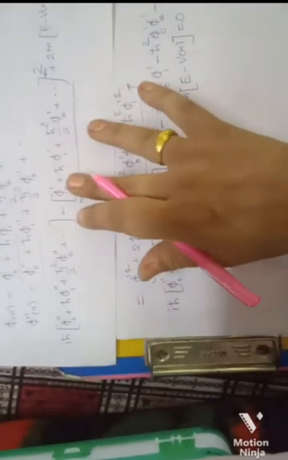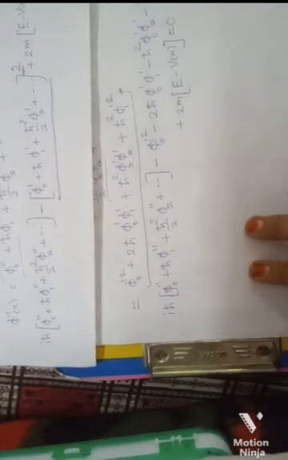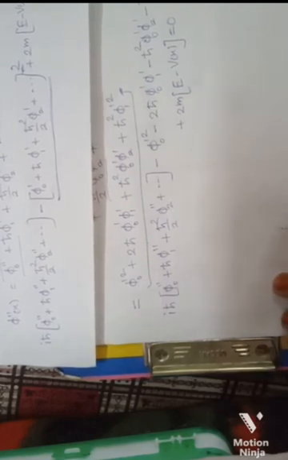Okay students, I hope you are getting me. It's a very easy derivation, students. Just practice two to three times. When you practice it, it will become very easy for you. Okay.